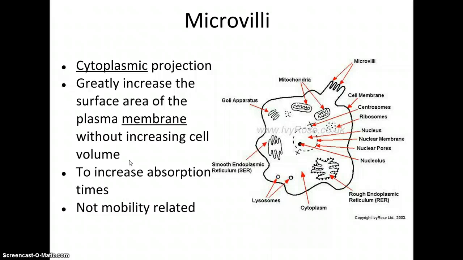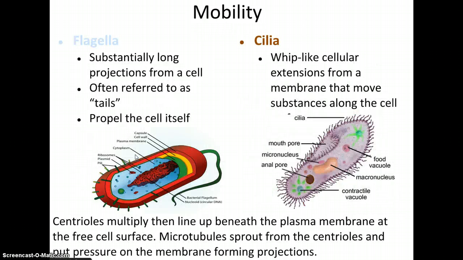Some people think that it is mobility related. They think that it is some kind of cilia or something like that. But it is not. And we will see that on another slide. Here it is, here's mobility. This says flagella. I don't know if you can see that too clearly, but that's this guy that's coming off of this particular cell. And then there's cilia, and that's all these little guys that are coming off.